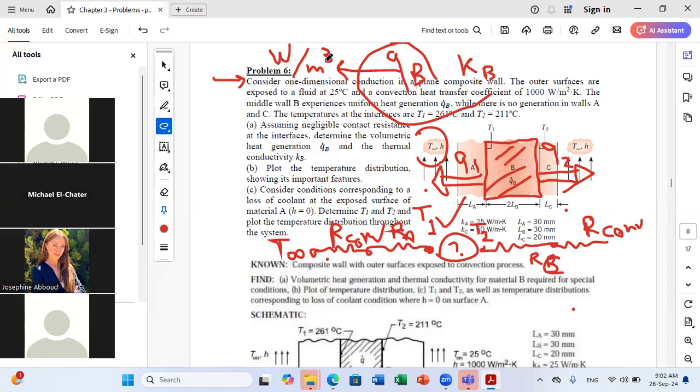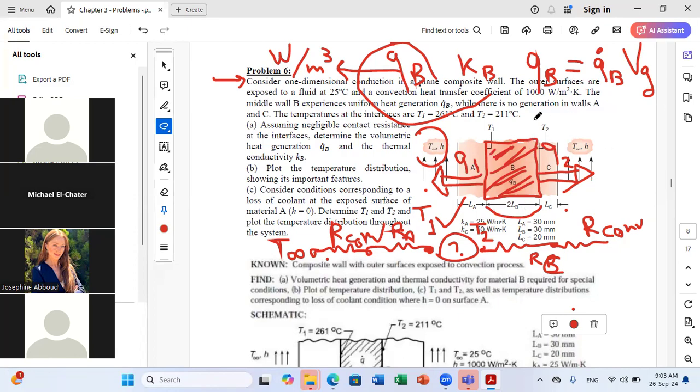So to get the total rate of generation in watt, it's equal to Q dot B times the volume of generation. And the volume of generation is the volume of this part of material B. The volume of material B is the thickness of this material times the area of the wall.